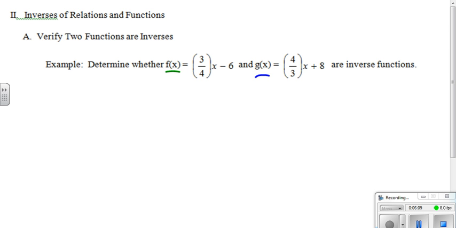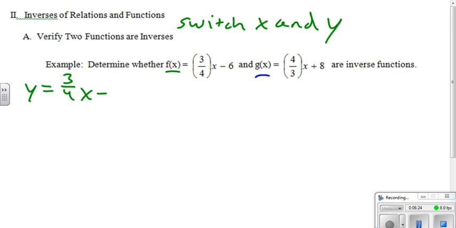Or it might be easier, like we did before, to switch x and y on one of them and see if they match up. So let's use f of x. We'll say y equals 3/4 x minus 6. Then we will switch them: x equals 3/4 y minus 6. Now when we solve for y, if it's the same equation as our g of x, then we'll know that they are inverses. So let's have at it.